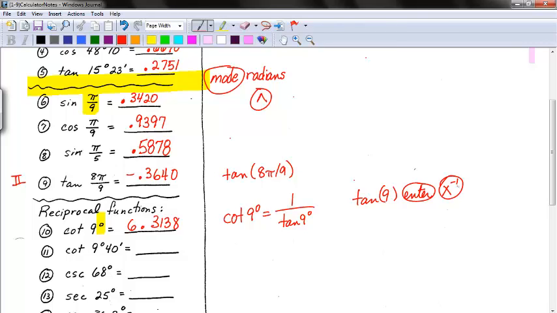But I can shortcut that if I do tangent of 9, close the parentheses, and then do the x to the negative 1 key. Press enter. Got the same answer. So here's your OR: you can do tangent 9, close the parentheses, then the x to the negative 1 key, and that does it all in one step.